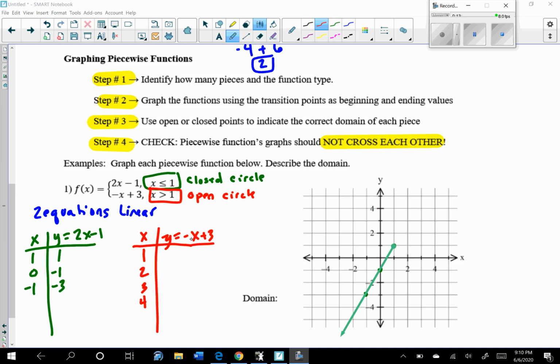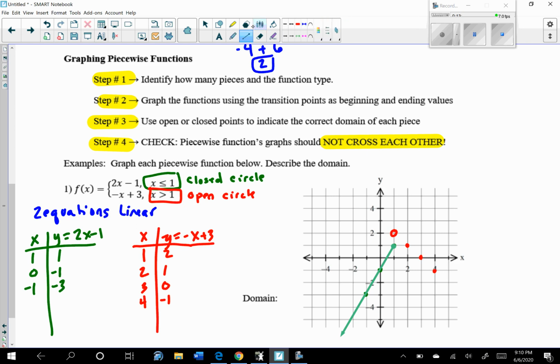Now when I plug in 1 to the bottom equation, -1 plus 3 gives me 2. -2 plus 3 gives me 1. -3 plus 3 is 0, and -4 plus 3 is -1. On my graph, I start at (1, 2), but it's an open circle because we cannot include that. Then I have the points (2, 1), (3, 0), and (4, -1).